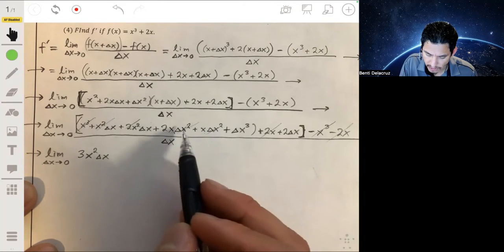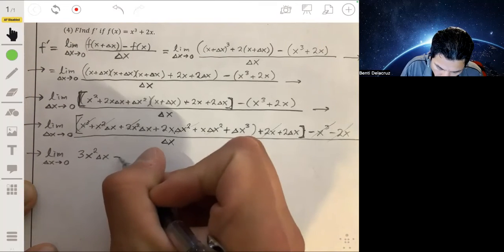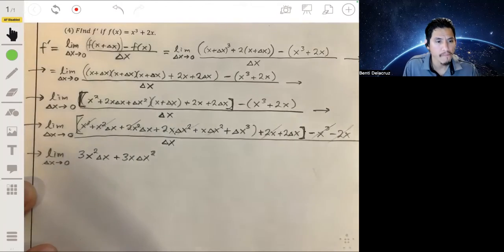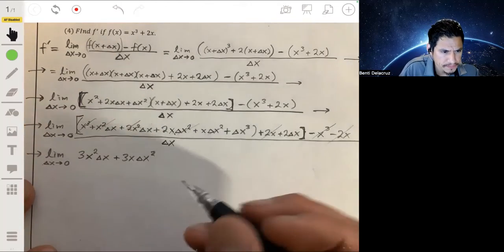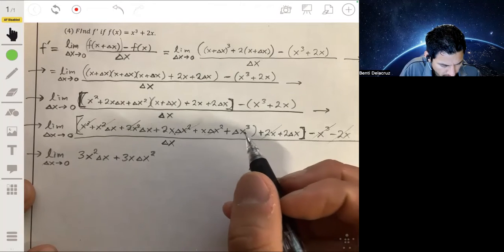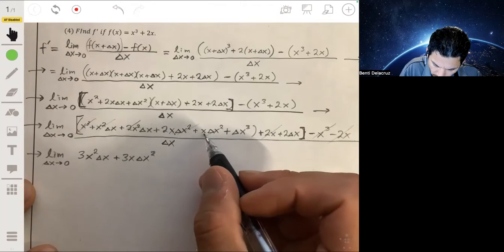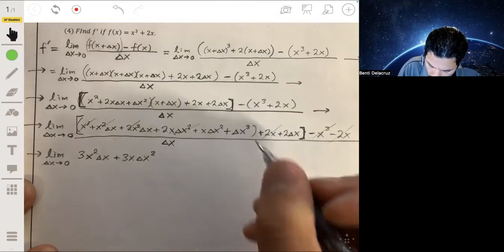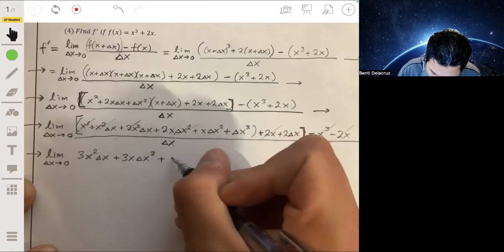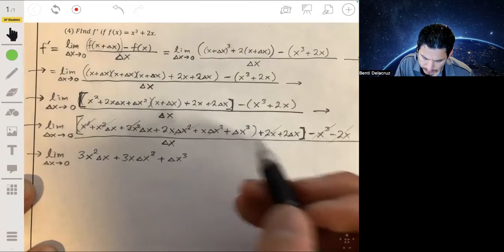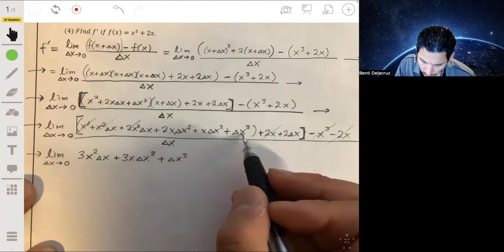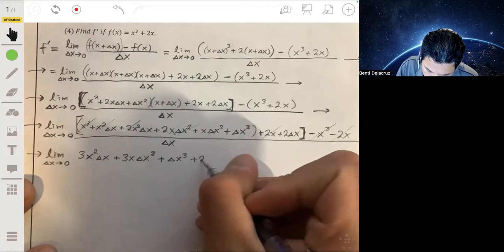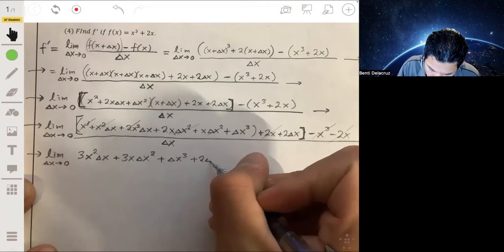So this and this will make a 3x delta x squared. So plus a 3x delta x squared. And then we'll just have delta x cubed here, plus a delta x cubed. Then plus a 2 delta x, plus a 2 delta x.